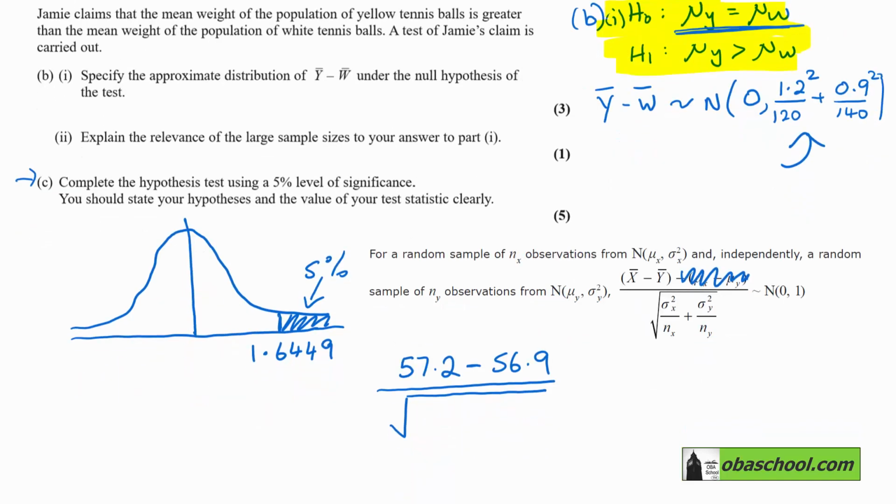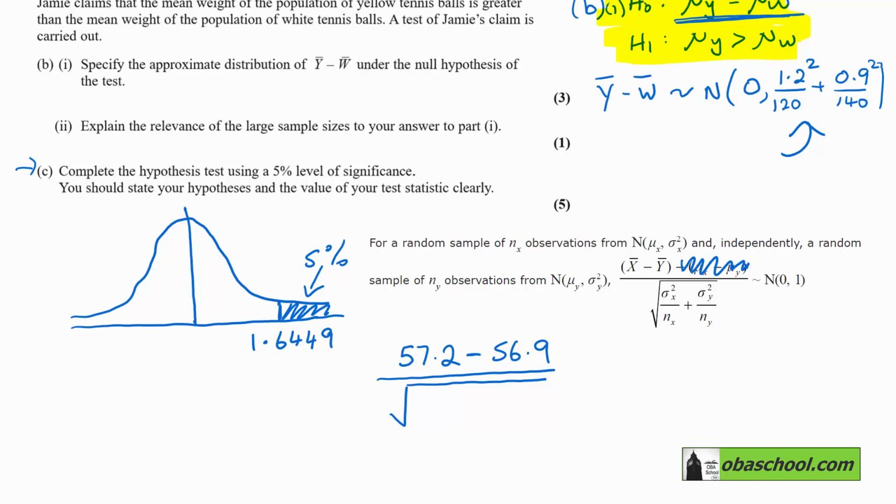So we can calculate that, and that is going to be 1.2 squared over 120 plus 0.9 squared over 140. Put that in the calculator and we get 2.249 as our test statistic.